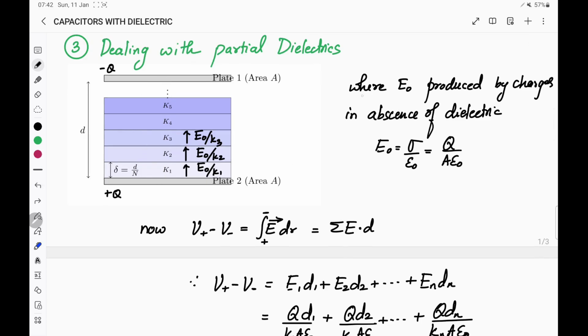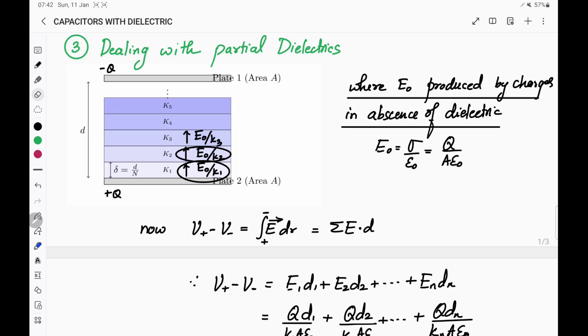So if E naught is the electric field in the absence of dielectric, then in the presence of dielectric K1, the electric field will be E naught by K1. And inside the dielectric K2, the electric field will be E naught by K2 and so on.